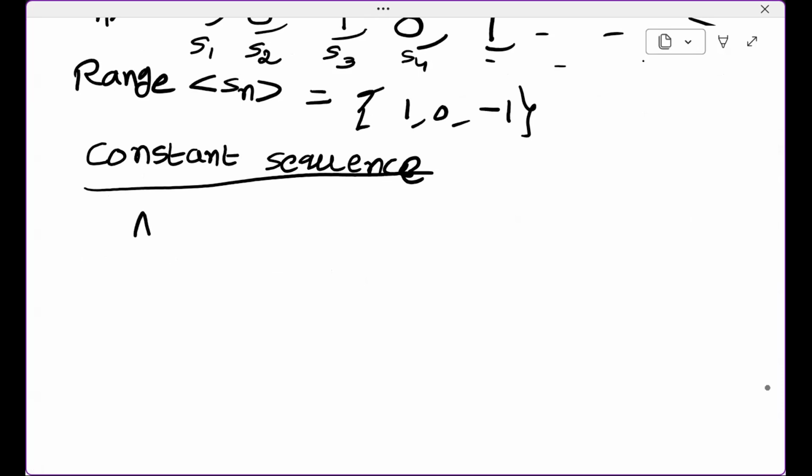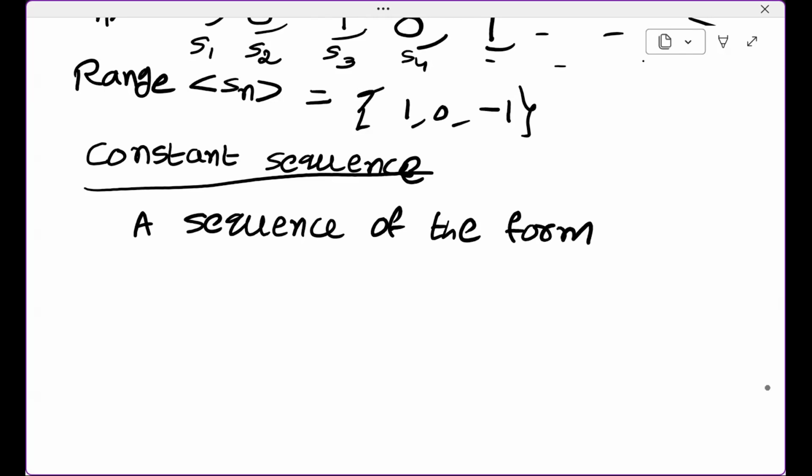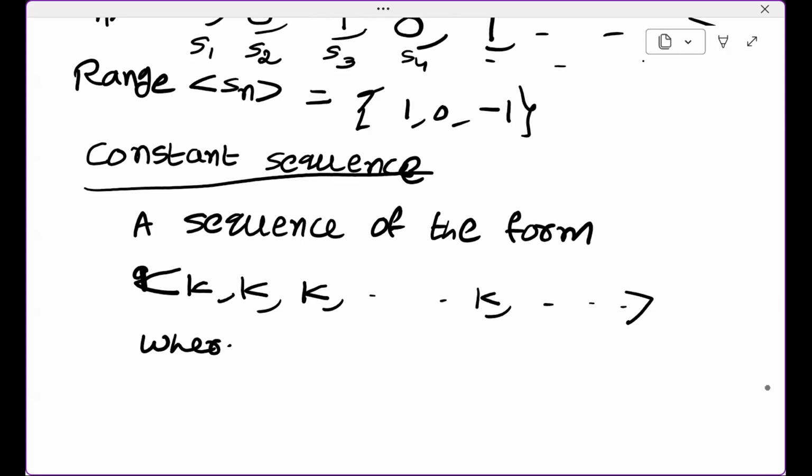That is, a sequence of the form k, k, k, and so on, where k is a constant, a real number, a fixed constant.